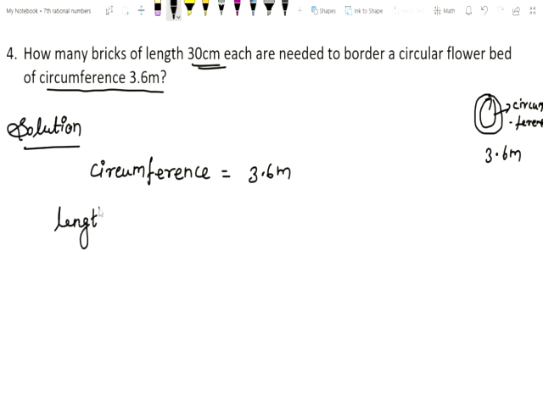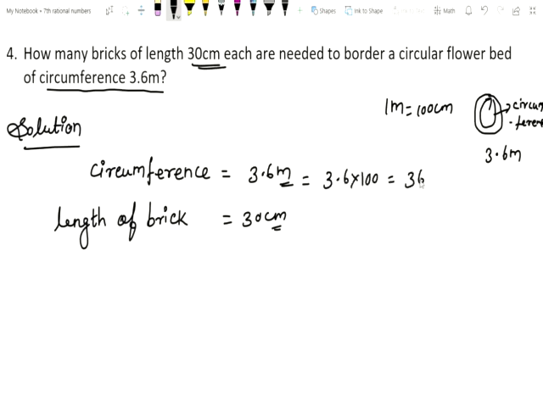Then length of brick equal to 30 centimeter. See here, before finding that, we need to check the unit. We have different units. First you convert into same unit. You know very well 1 meter equal to 100 centimeter. Just you convert this 3.6 into 100. So what you will get? 3600. Keep the decimal here. Cancel this. What you will get? 360 centimeter.